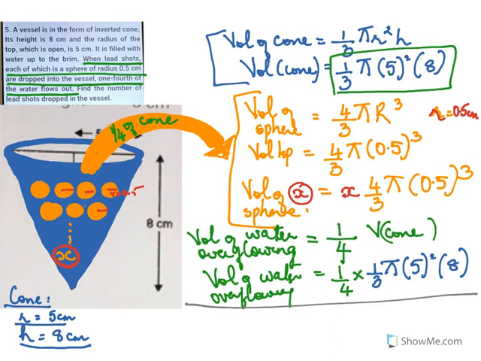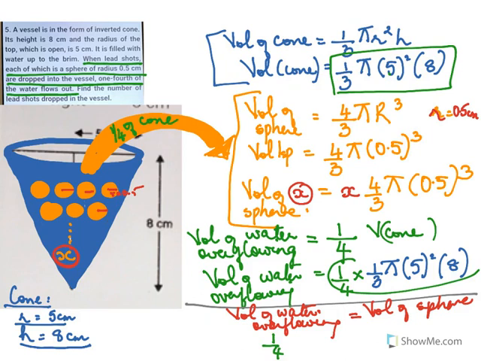The water has overflown because you have put the spheres in this, which means now we can make an equation, and that equation will be volume of water overflowing equal to volume of the spheres or the lead shots. So water overflowing, we found, is 1/4 into 1/3 pi r square into 8, and this is equal to volume of the spheres.